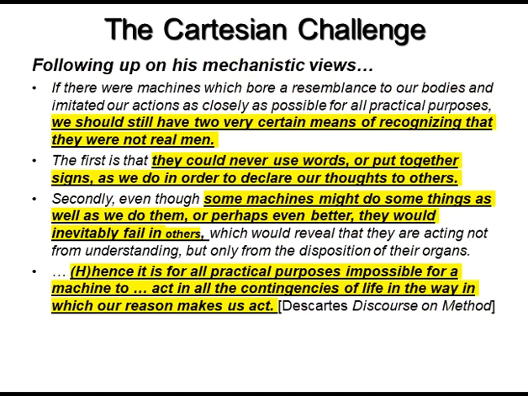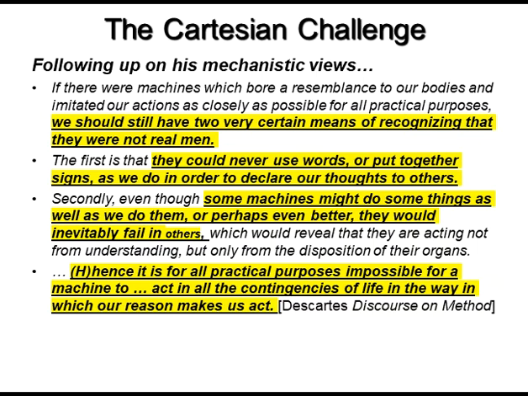So looking at this very specifically, following up on his mechanistic views, we should still have two very certain means of recognizing that they were not real men. So the idea is that we would always be able to see that they're not real. They could never use words or put together signs as we do in order to declare our thoughts to others, to be able to have a true conversation and convey meaning.